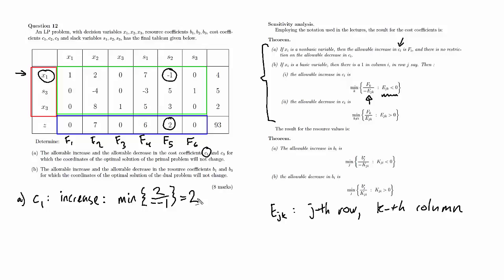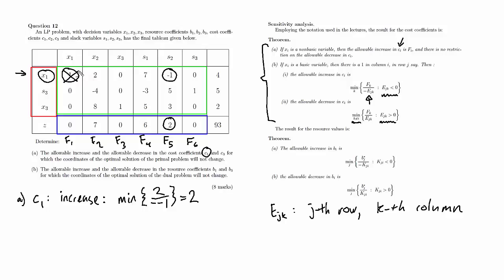For the decrease, we look at a similar set of values. We focus on the case where the numbers are greater than 0, and, this is very important, where k is not equal to I. What this means is we exclude the value E11, which is this value here.